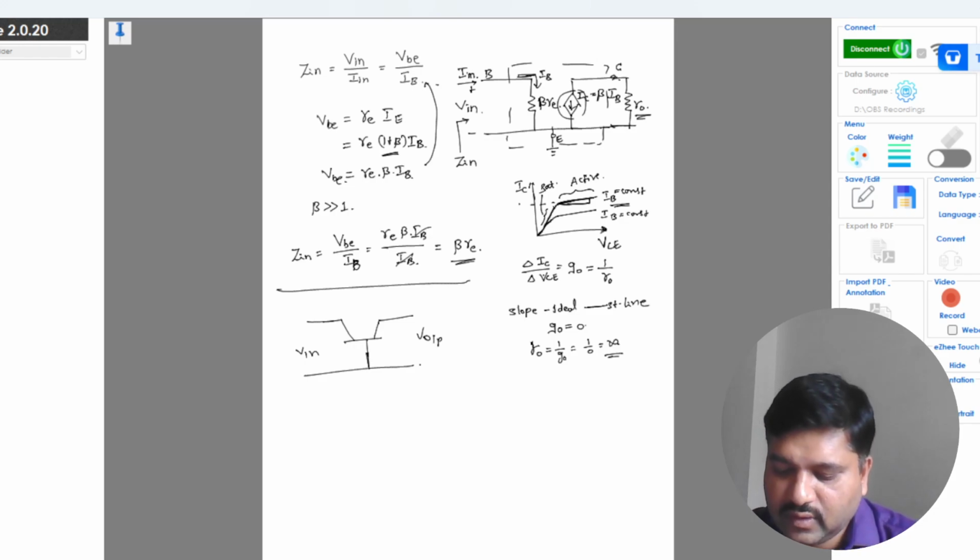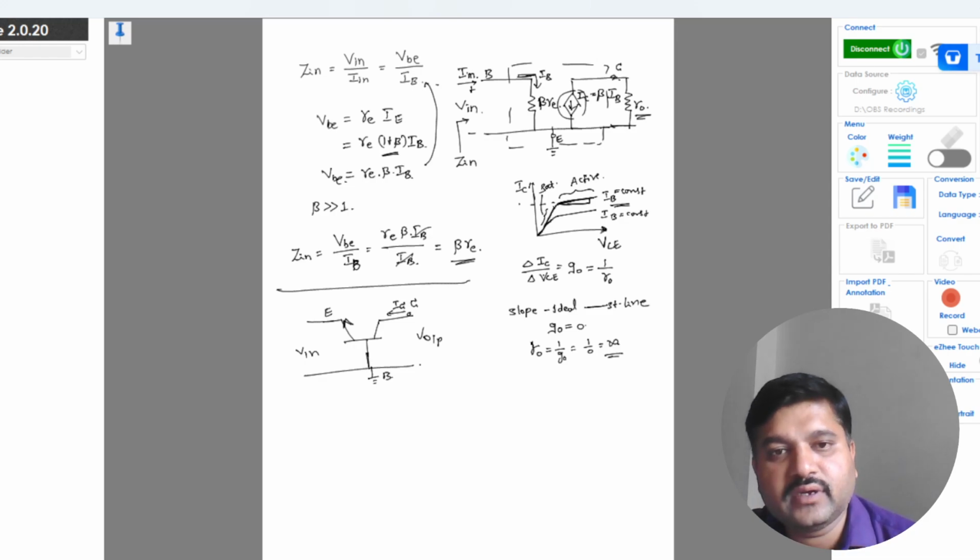Okay, so now I will take an NPN transistor again, so that the arrow is showing outside. So emitter is connected to the input terminal, and output is taken at the collector terminal. This is my IC, and this is my base which is connected to the ground.